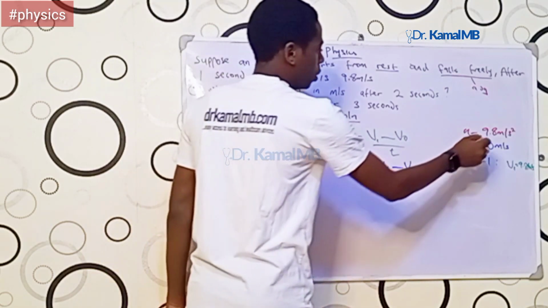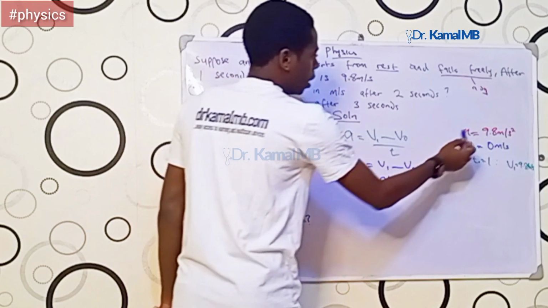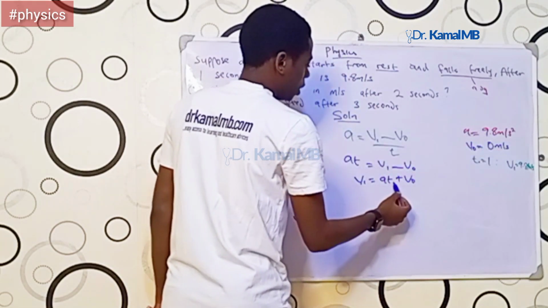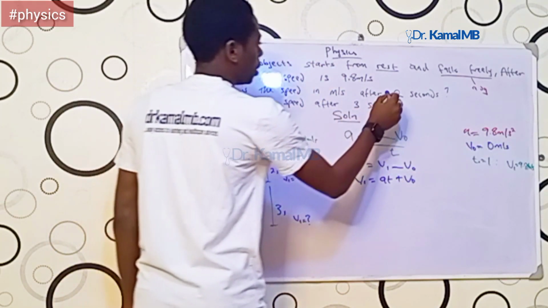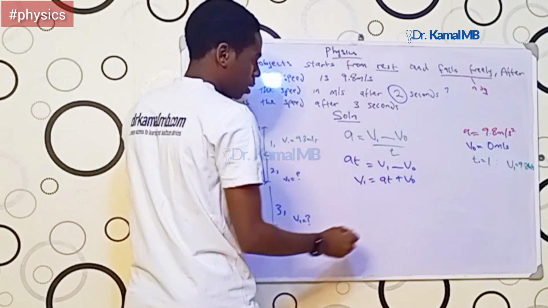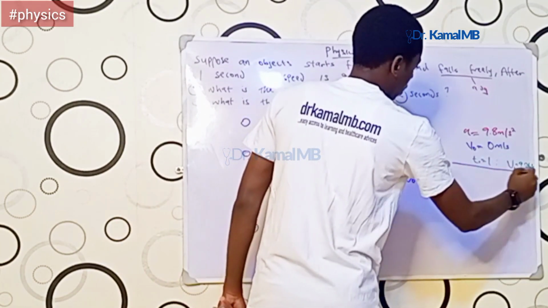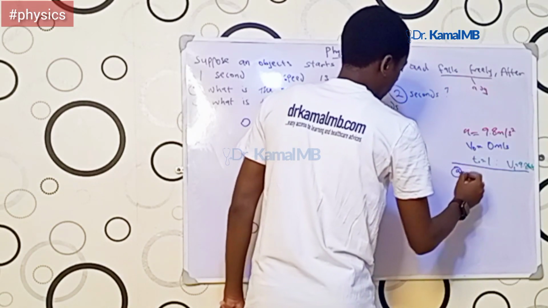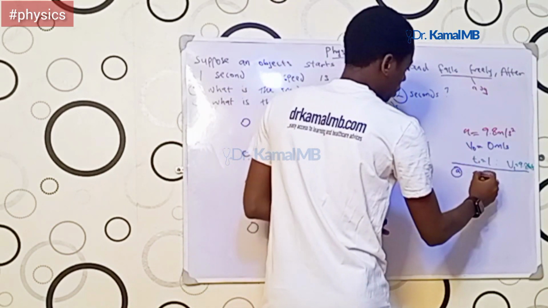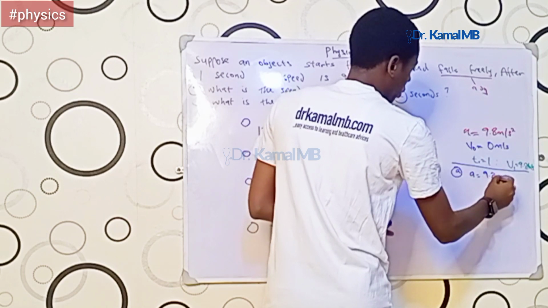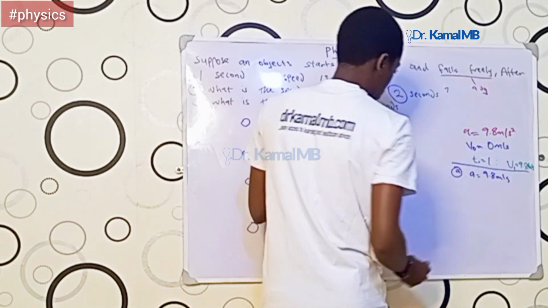We already know our v0 is 0, our A is 9.8, and our T in the question is 2 seconds. So this means, let me write it for question A. For question A, our A is 9.8 meters per second square.